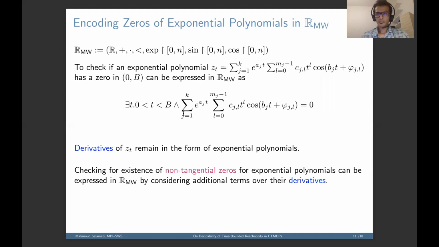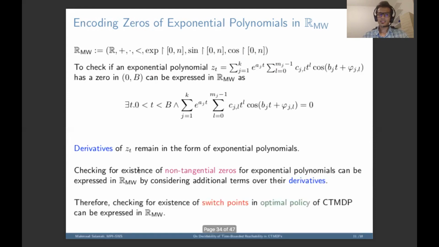One helpful point is that derivatives of exponential polynomials are themselves exponential polynomials, potentially different ones. This means that we can encode checking for the existence of non-tangential zeros of exponential polynomials just by considering additional terms over their derivatives.